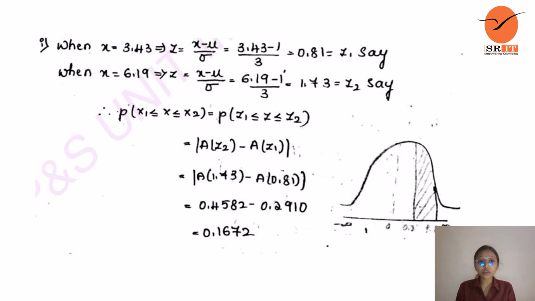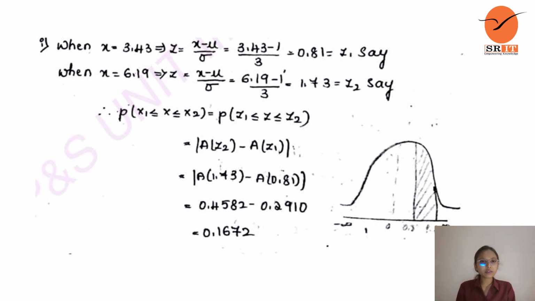When x is equal to 3.43, z is equal to (x minus mu) upon sigma, which is equal to (3.43 minus 1) upon 3, which is equal to 0.81, which is z1. When x is equal to 6.19, then z is equal to (6.19 minus 1) upon 3, which is equal to 1.73, that is z2.